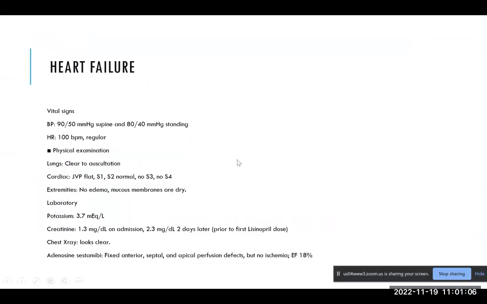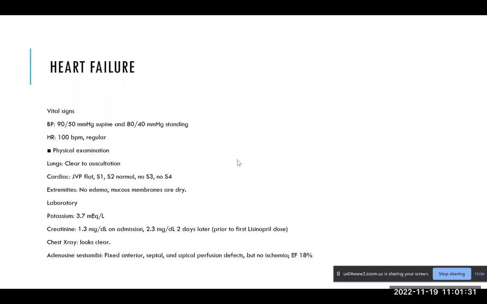Blood pressure of 90/50 supine and 80/40 standing, heart rate 100 regular. Physical exam: lungs are clear, JVP is flat, extremities no edema, mucous membranes are dry. Laboratory: potassium 3.7, creatinine 1.3 on admission increased to 2.3 two days later. Chest X-ray is clear.